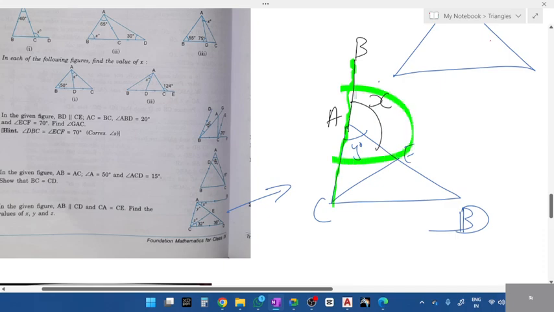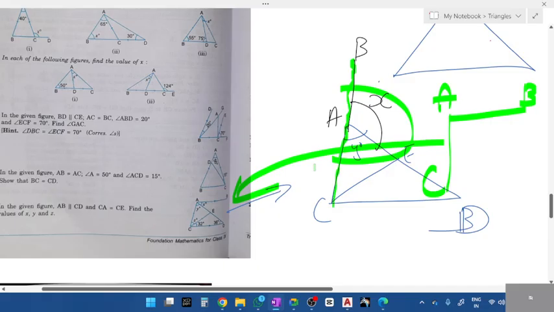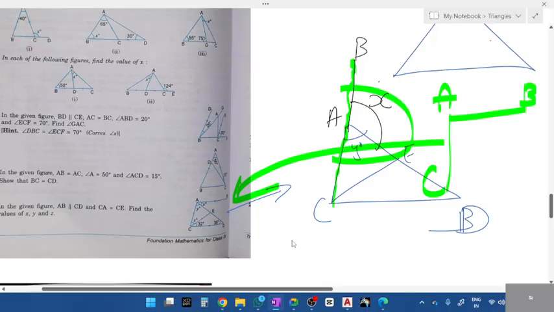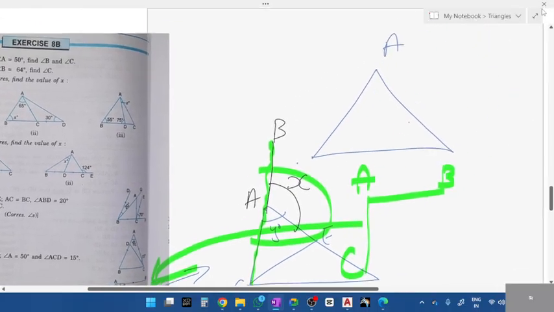If you place a protractor, can you see 180 degrees? But in the actual question, is BAC a straight line? No, it's not a straight line. Therefore, we can't use the 180 degree concept. Fine? Is this clear? Did you understand when to use exterior angle?